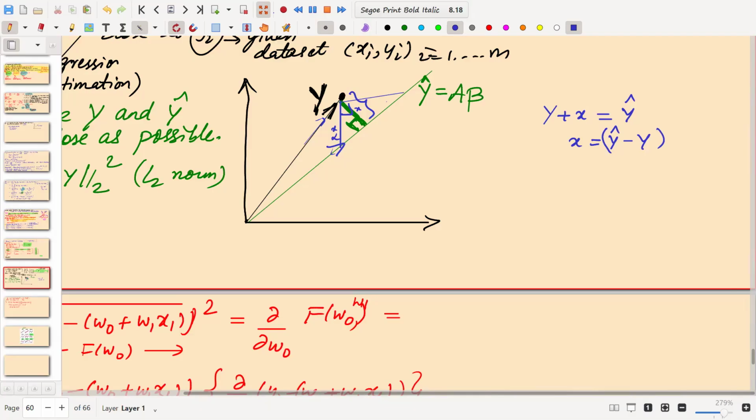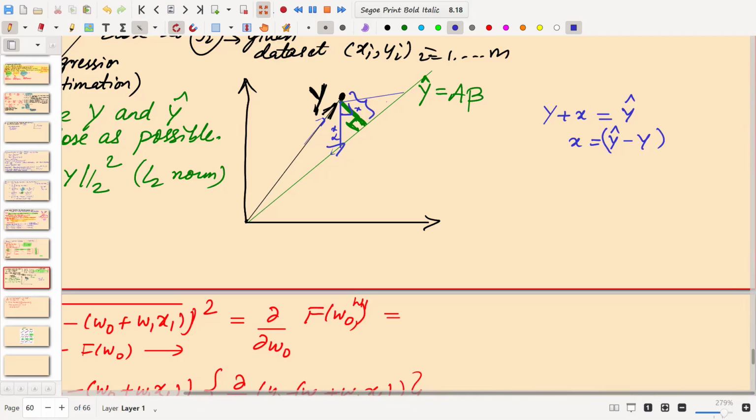What can we do? How can you devise that?